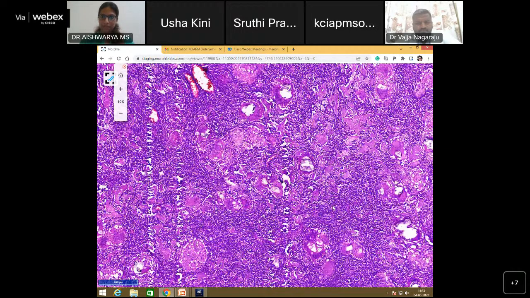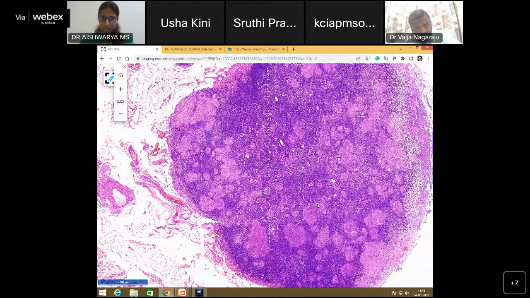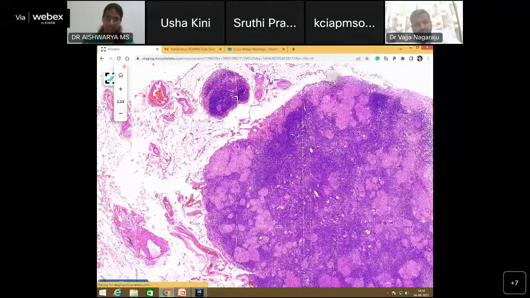Can anyone add on? I'm looking for one additional point. Is this so-called granulomatous inflammation restricted only to the node? Surrounding tissue. Do you think these lymph nodes would be matted?